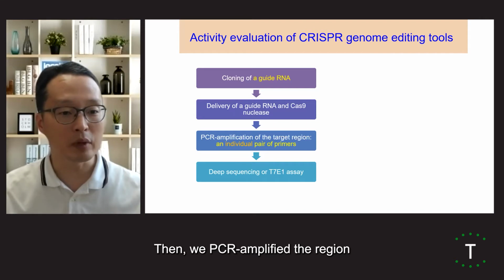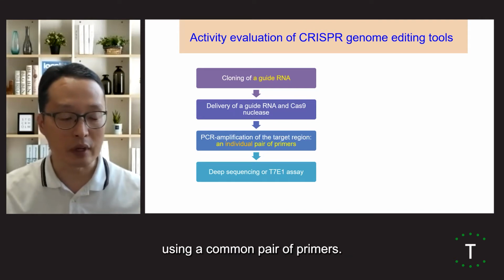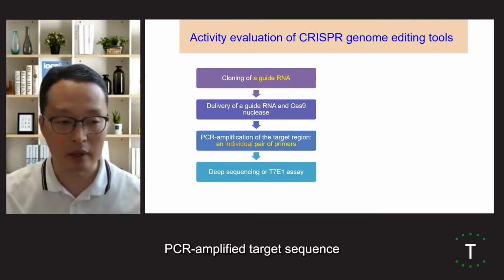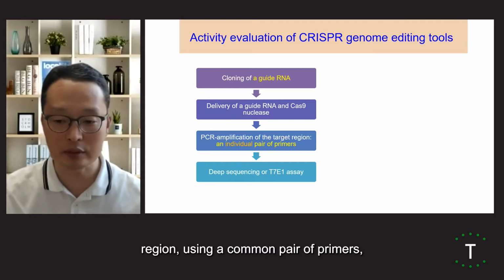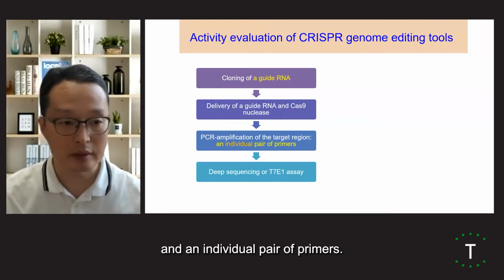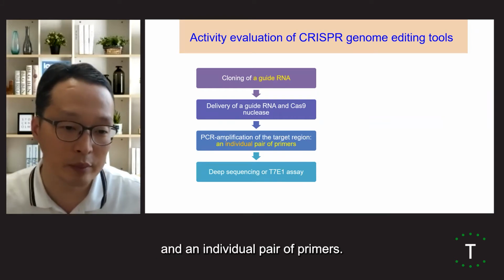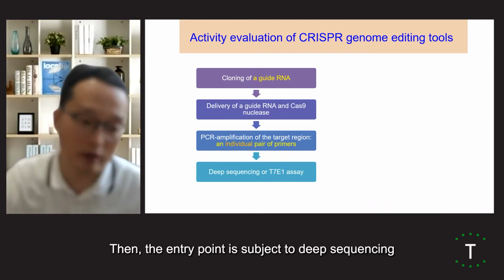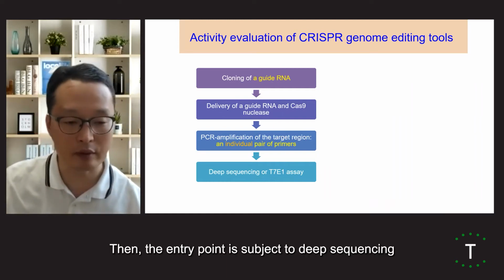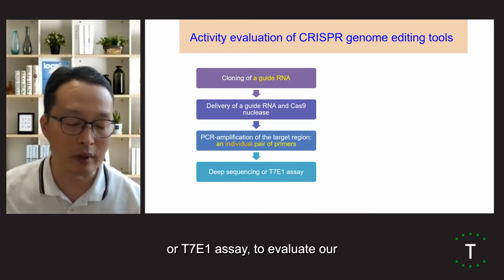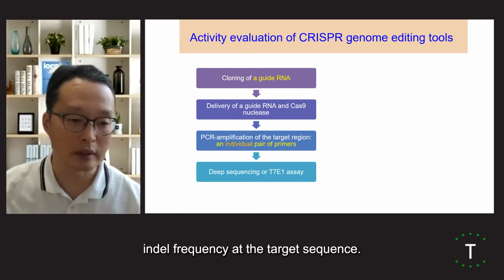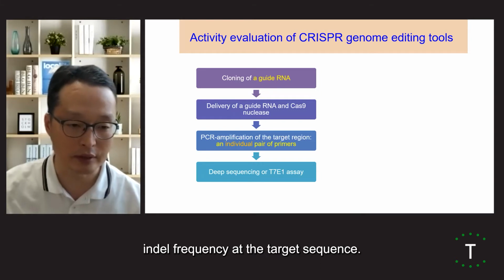Then we PCR amplify the target sequence region using a common pair of primers, an individual pair of primers. Then the amplicons are subjected to deep sequencing or a disabling assay to evaluate the indel frequency at the target sequence.